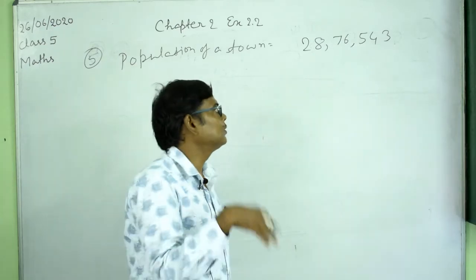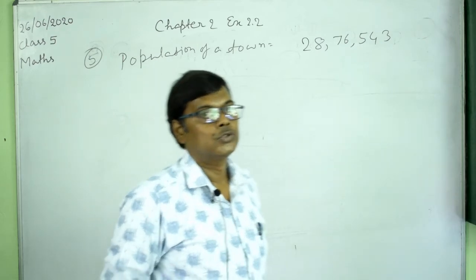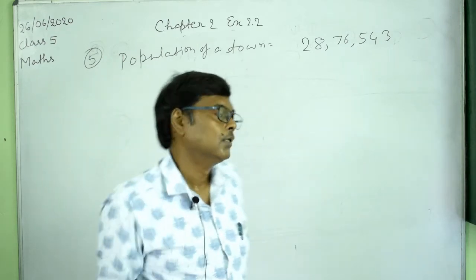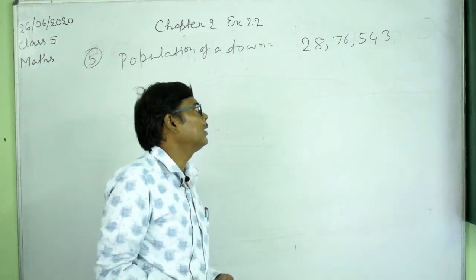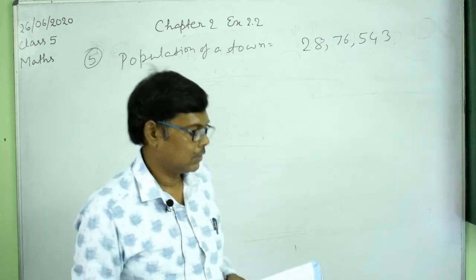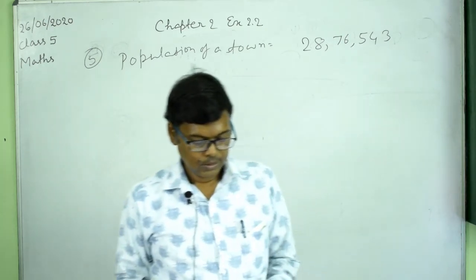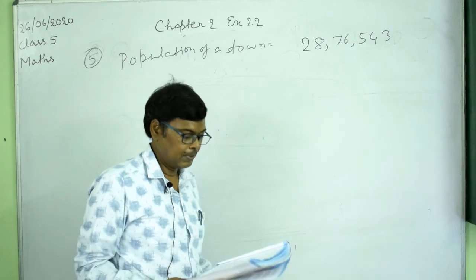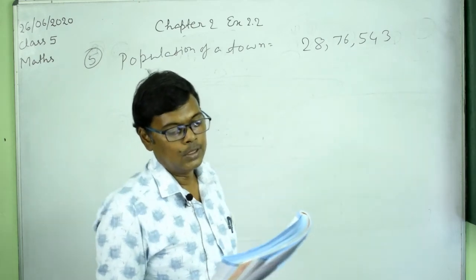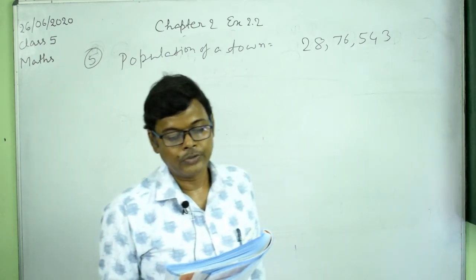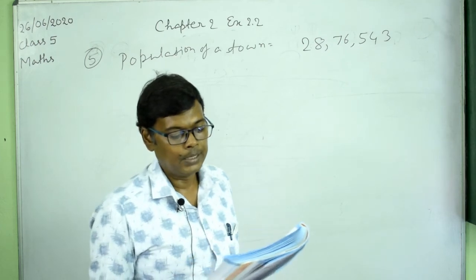So here there is a town. Town is smaller than city. So here in a town there are 28,76,543 people living, and out of these 15,42,678 are males.